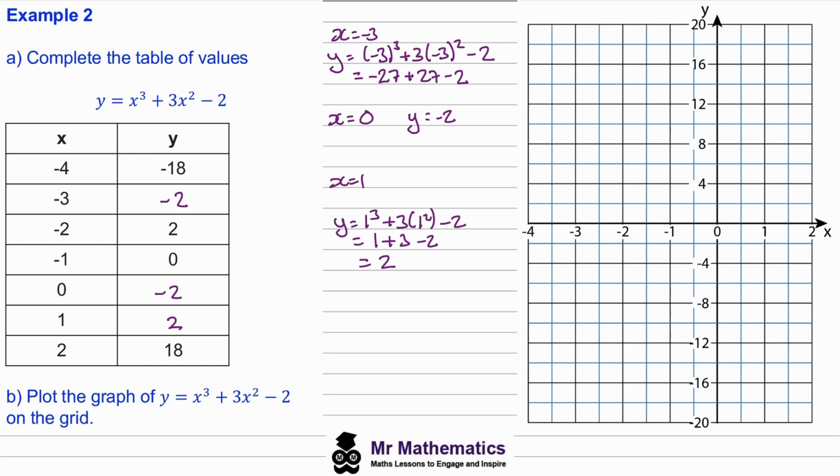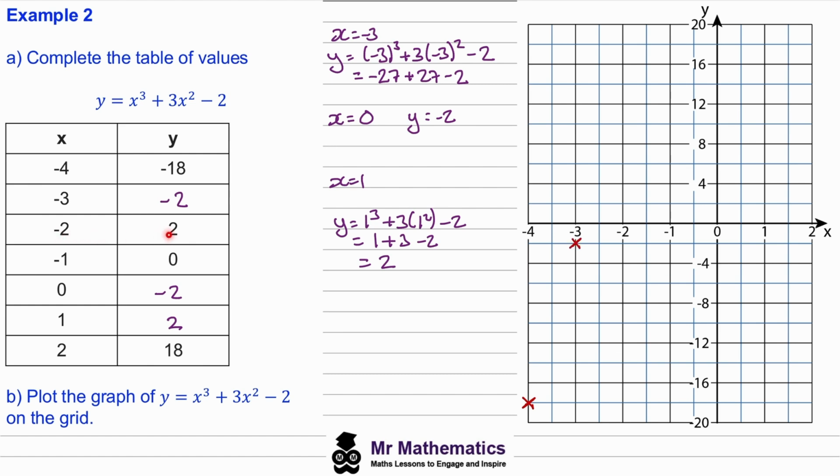Okay, so if we begin with -4 and -18, we'll have -4 on the x. Then we'll go down to here at -18. When x is -3, y is -2. So that will go to here.